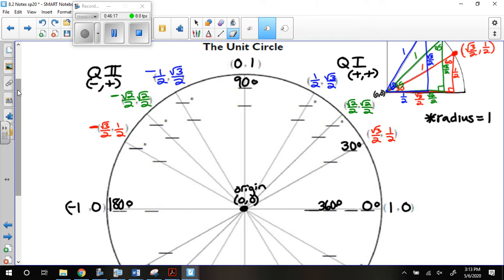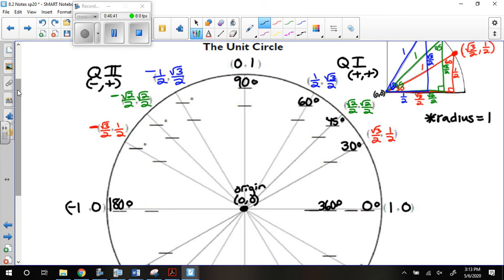I know that the green ordered pair came from a 45, 45, 90 triangle. So this angle right here was 45 degrees. It's also halfway through the quadrant, so that makes sense. And then we've got our 60-degree angle here.